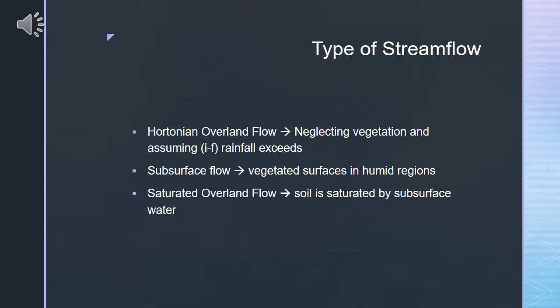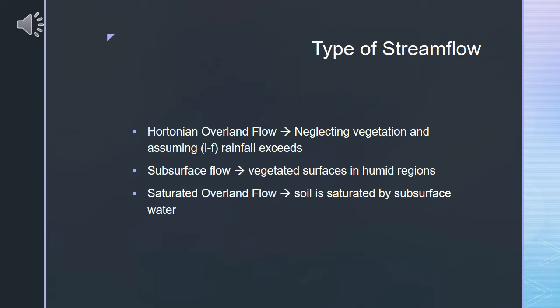Now let's define types of stream flow. We have Hortonian overland flow, which neglects vegetation and assumes the rainfall intensity minus the infiltration is the rainfall excess.